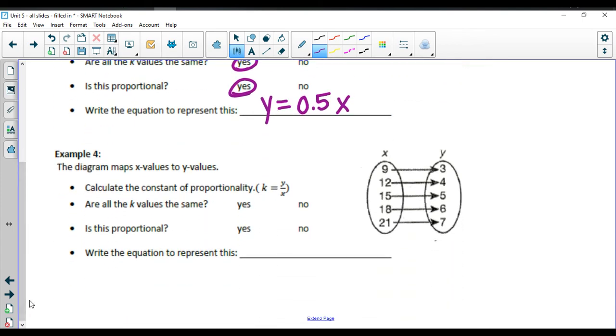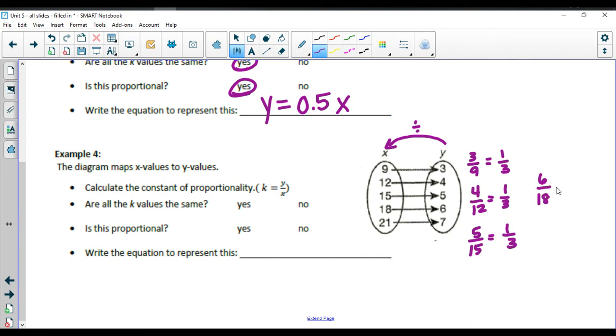Example 4, we have an x to a y chart. It's a diagram mapping. So we're going to go ahead and do y divided by x. We're moving backwards here. 3 divided by 9 is our first one. 3 divided by 9 is 1/3, or 0.3 repeating. The next one is 4 divided by 12. That also gives us 1/3. 5 divided by 15, which will give us 1/3. 6 divided by 18, which will give us 1/3.